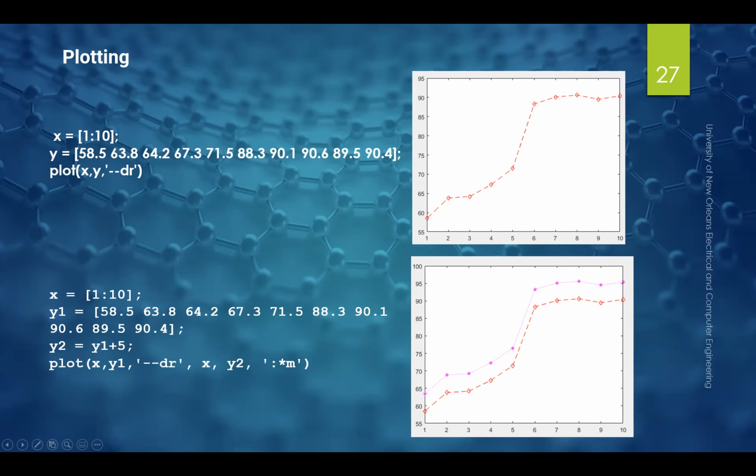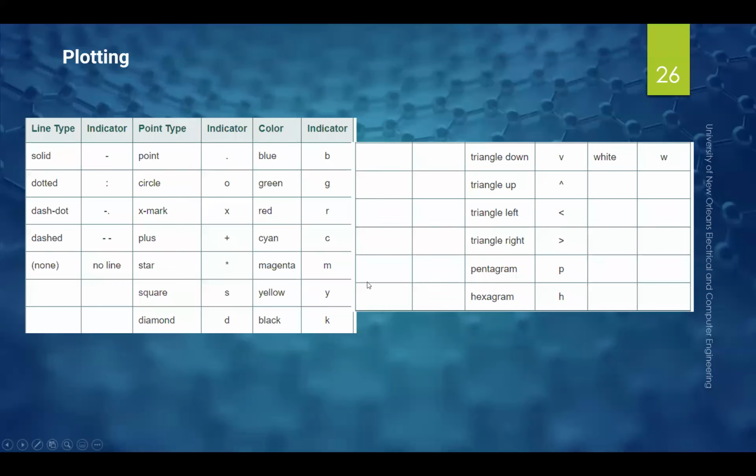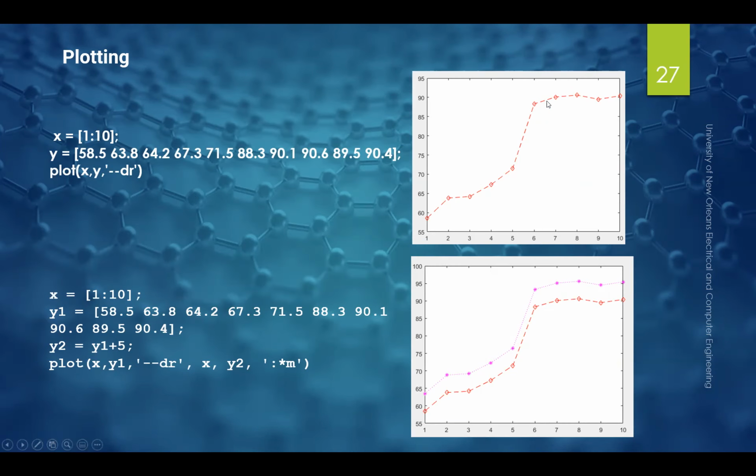The D, if you noticed before, is the diamond. So it's going to have a type diamond. And the color I used was R, so it's going to be red. So as you can see, it is red.